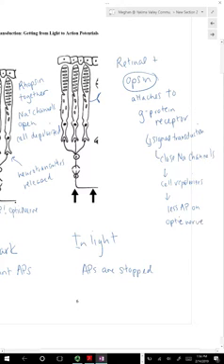So we've just reduced the action potentials on that nerve. Does that make sense? Okay, good.